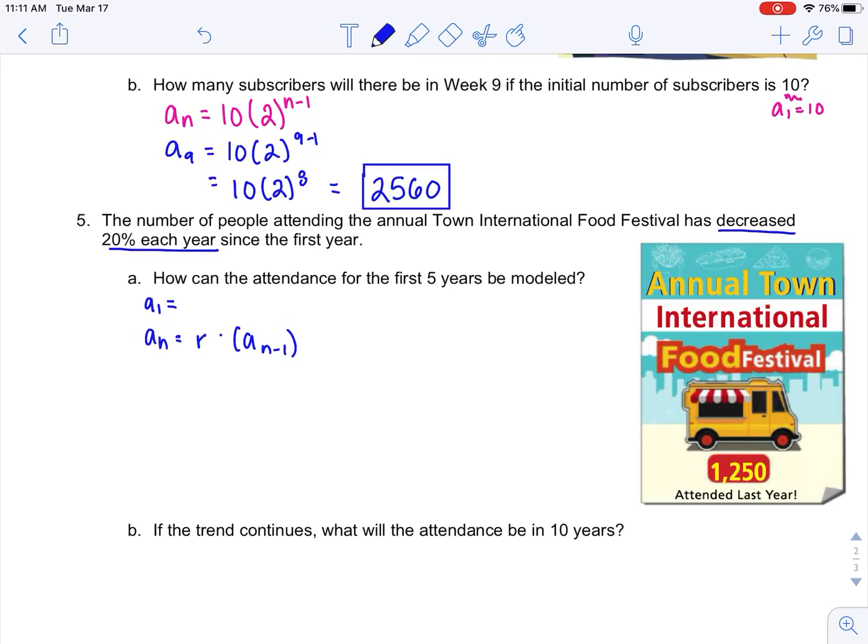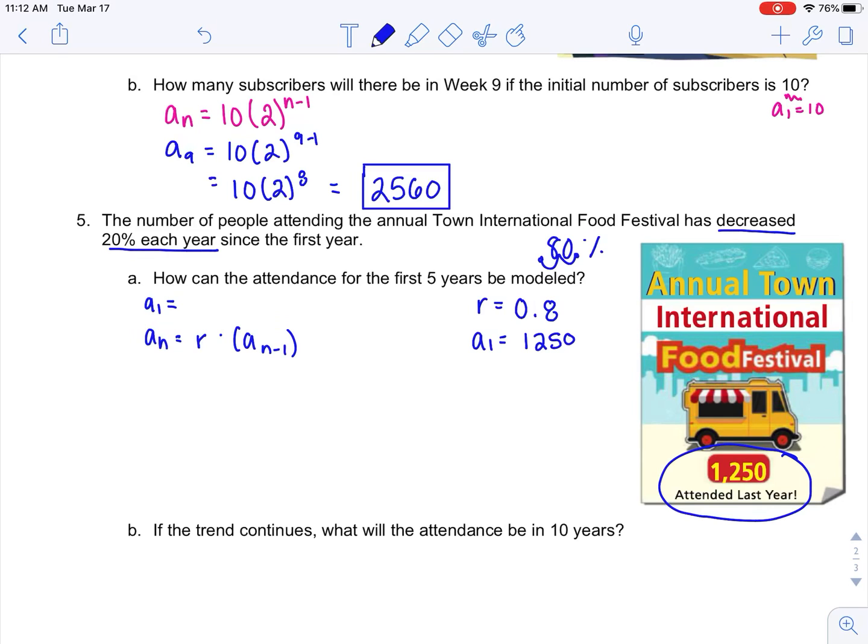But just like with exponential decay, you can do 1 minus the rate, so 1 minus 20%, which would give you your 80%. And we cannot leave it as a percent, so if we have 80%, we have to write that as a decimal. My decimal is behind the 0, and I have to move it 2 places to the left. So I'm going to get 0.8. So my rate is going to be 0.8, and I need my a_1. a_1 is our initial amount, our starting amount, and if we look at this flyer, it tells us that 1,250 people attended last year.